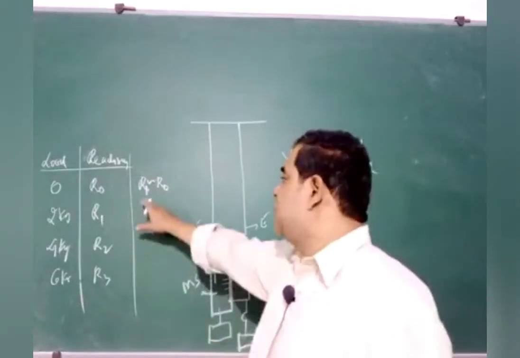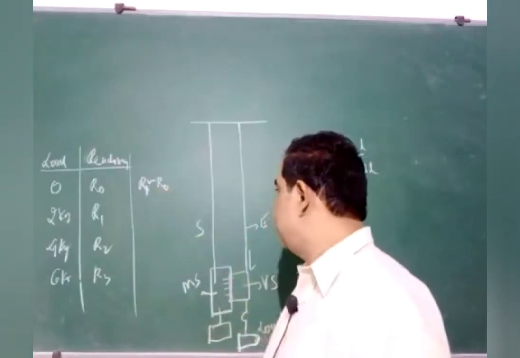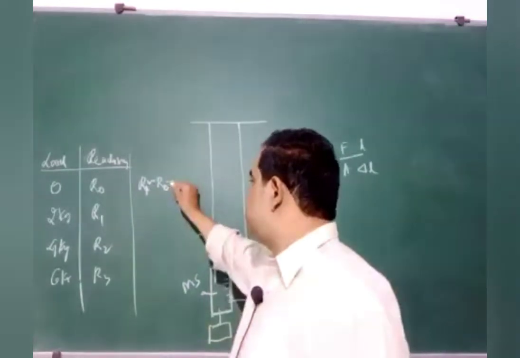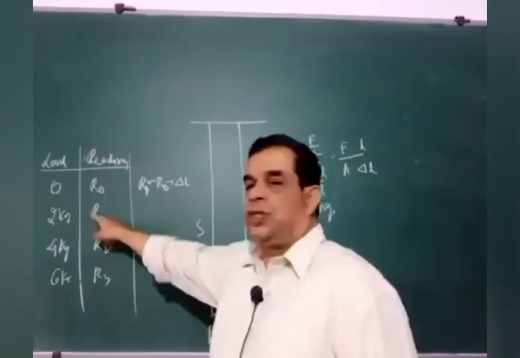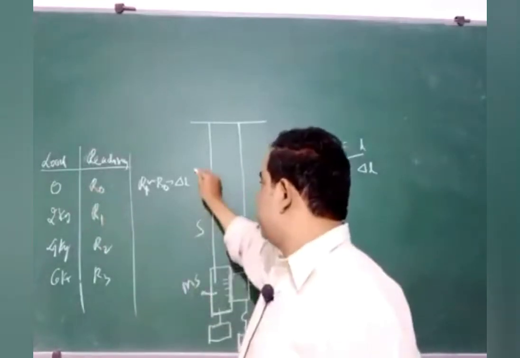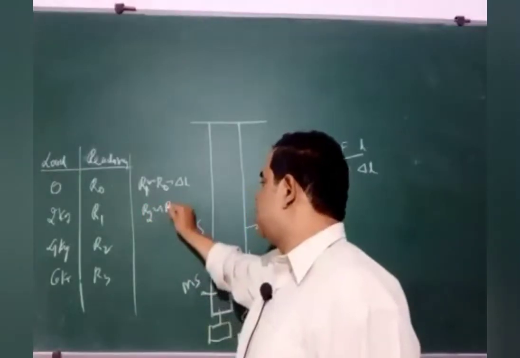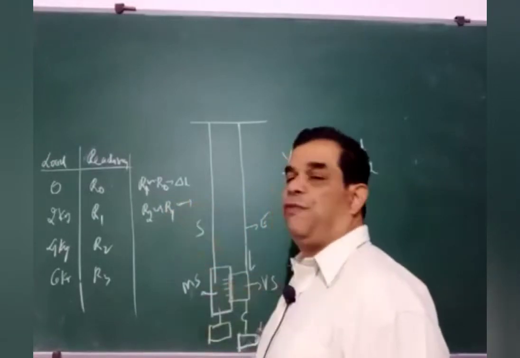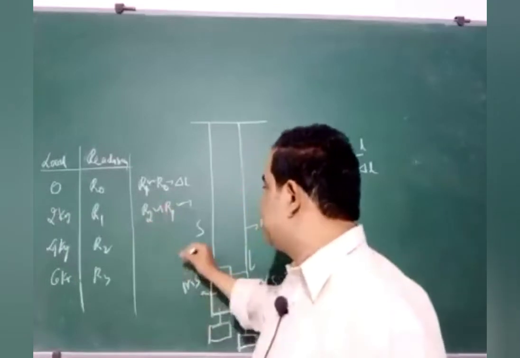That's why we take the difference, R1 difference R0. That will give us the change in length for how many kgs? 2 minus 0, 2 kg. Next, R2 difference R1. The difference in load is 4 minus 2, again 2 kg load.